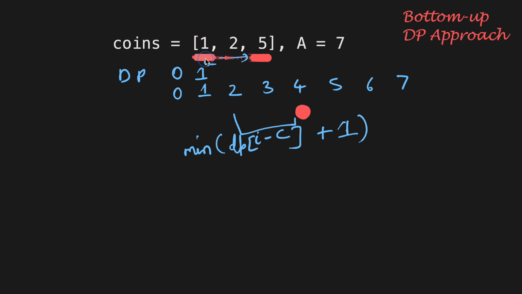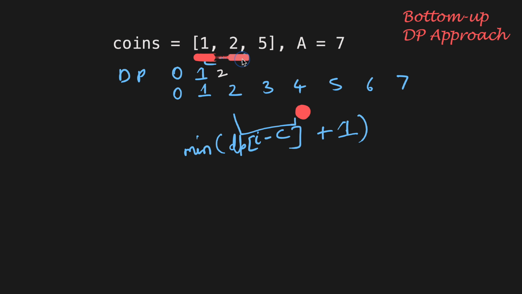Now let's fill in DP of 2. Again we use coin 1 first and the remaining amount will be 1. So we check if we already know the minimum number of coins required for changing the amount 1, which is DP of 1. So DP of 2 will be equal to the number of coins required for DP of 1 plus 1 for coin 1, which is 1 plus 1 equal to 2.